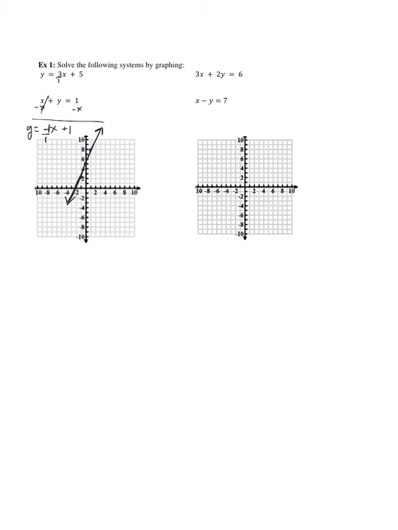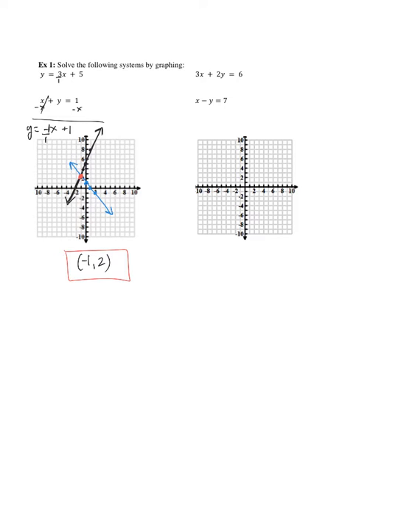On this one, the y-intercept is 1, and then we go down 1 over 1 because of that negative slope. And so our line goes backwards like that, and the solution to this system is at the point negative 1, 2. So there's my answer. That's this point right here where they intersect.